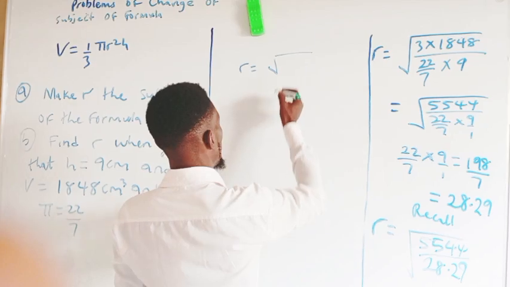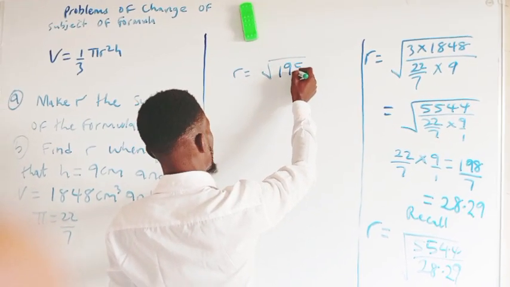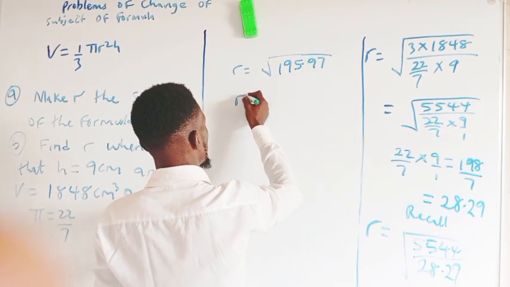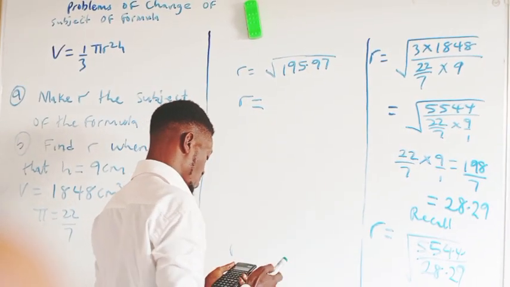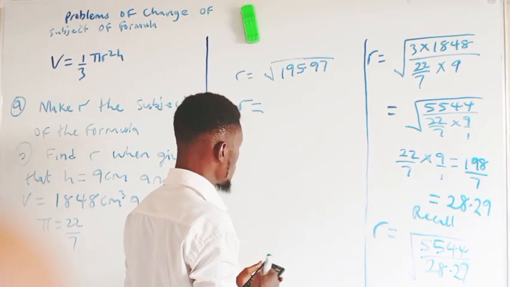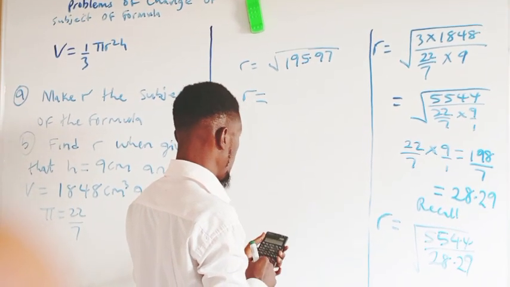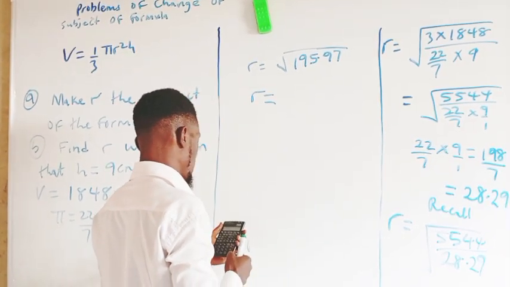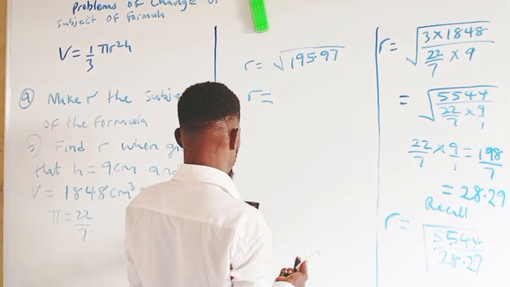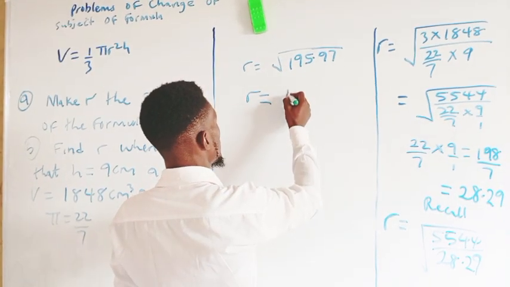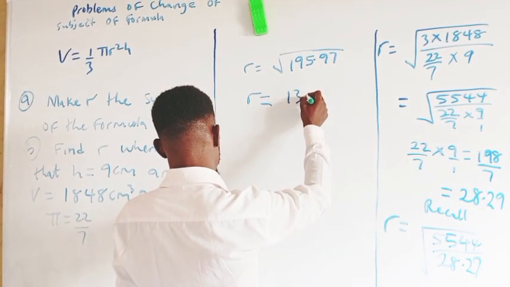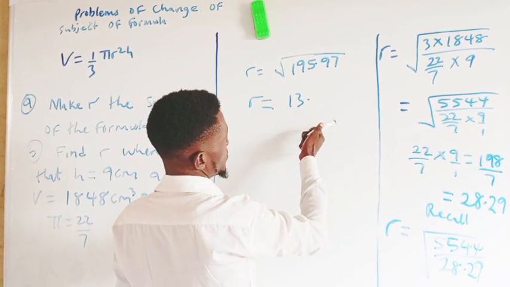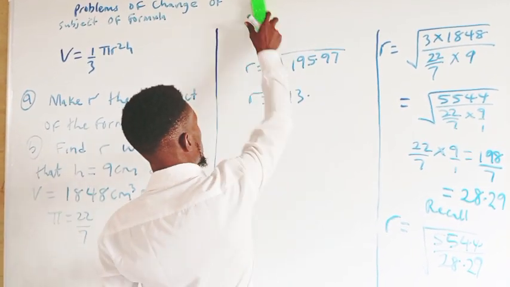That gives 195.97, and taking the root, we get 13 point something. You can round it up to 14 to the nearest whole number.